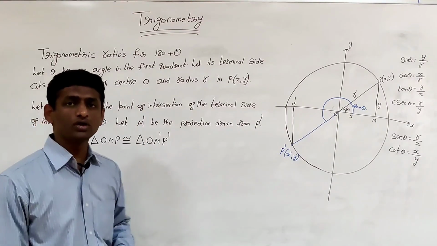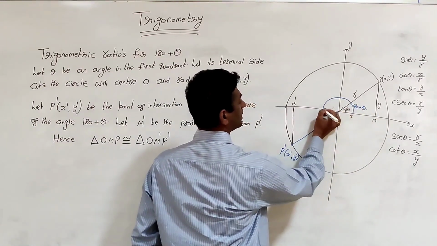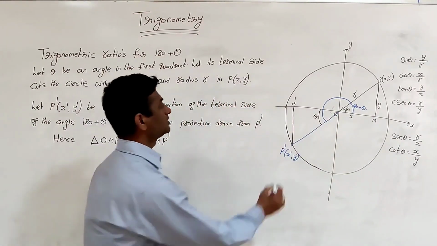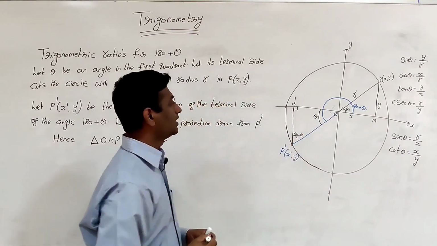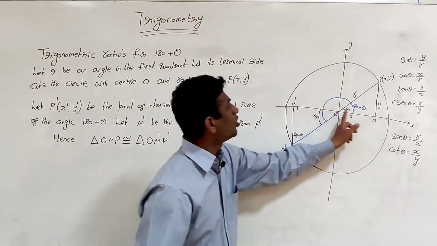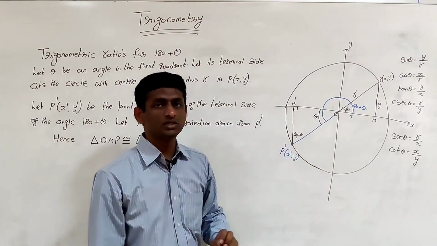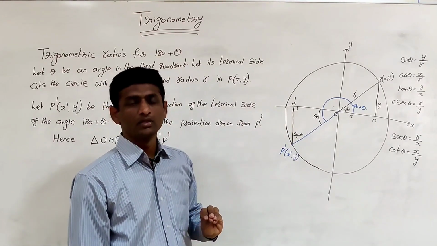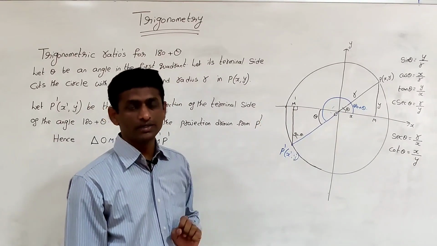How is it congruent? See, if you observe this, if this is 180, then the small portion will be theta, and this will be 90 degrees, and this is 90 minus theta. And if you observe the triangles OMP and OM dash P dash, the three angles are the same. So by the angle property, they are congruent.